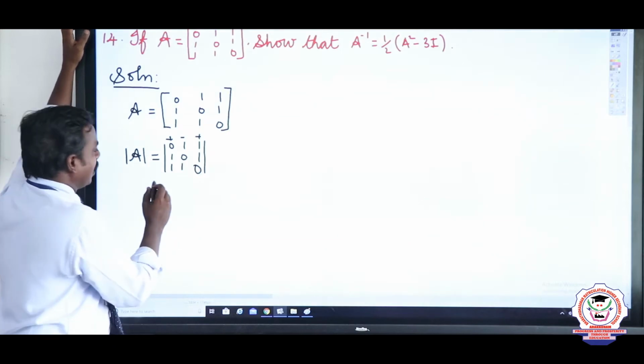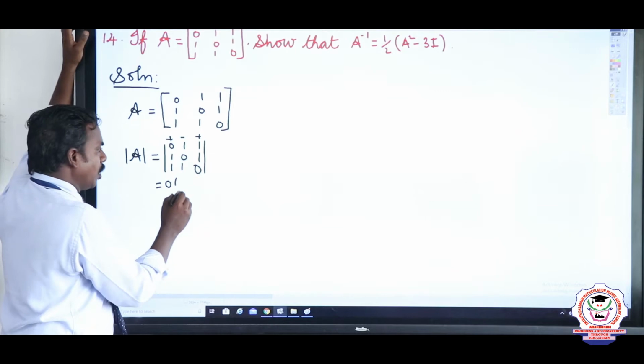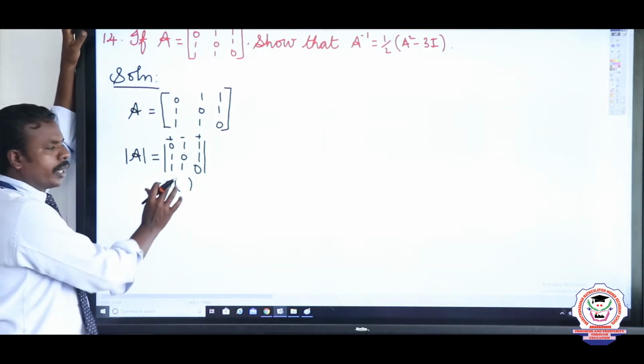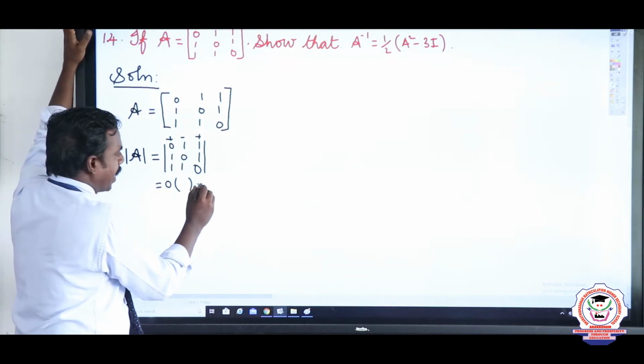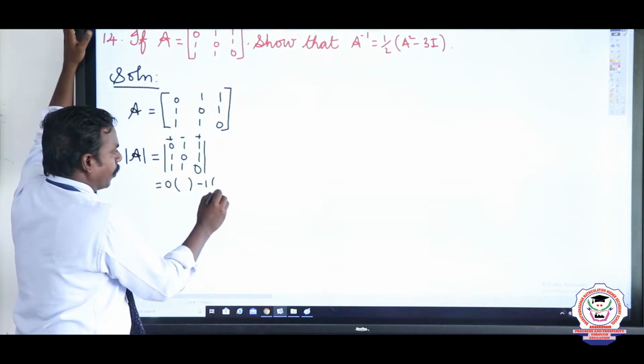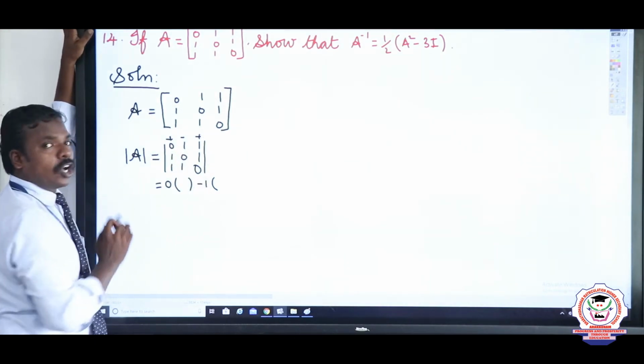From this, first consider the 0, first row, first element. 0 into anything is 0, no need to solve it. Next, minus 1.